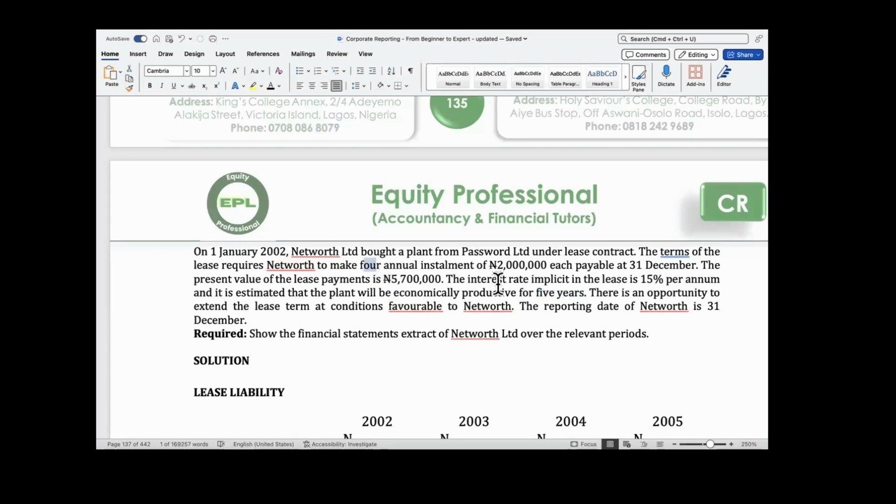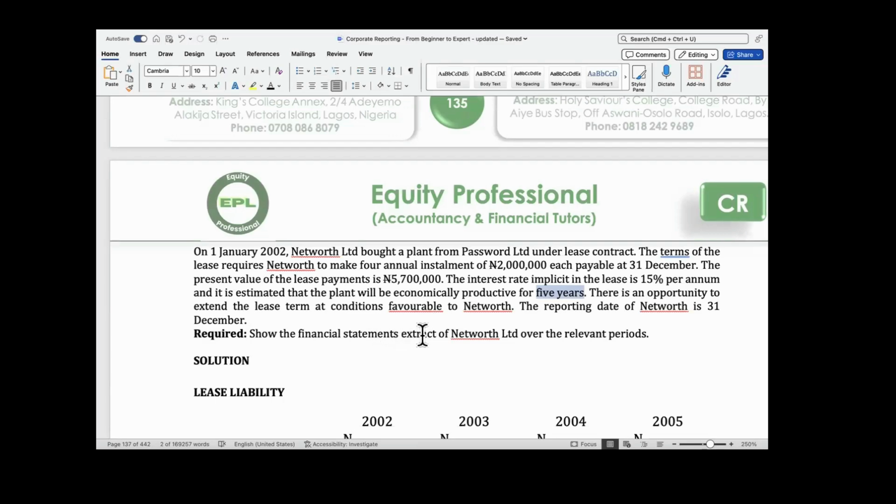He will extend up to his useful life, and you cannot extend beyond the useful life. So the lease term should be 5 years, which means the right of use asset will be depreciated over 5 years. We are asked to show the financial statement extract.